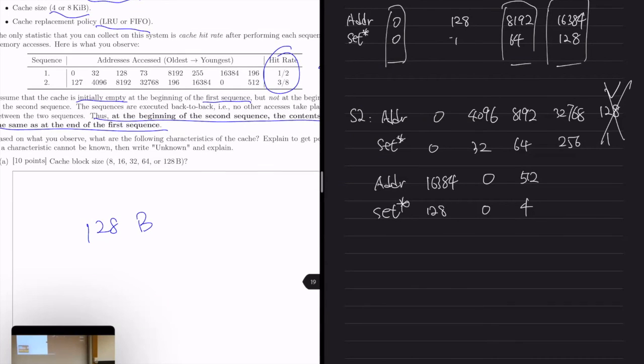Then for the associativity of 2, this means that in a set we can have 2 possible slots to put cache blocks.